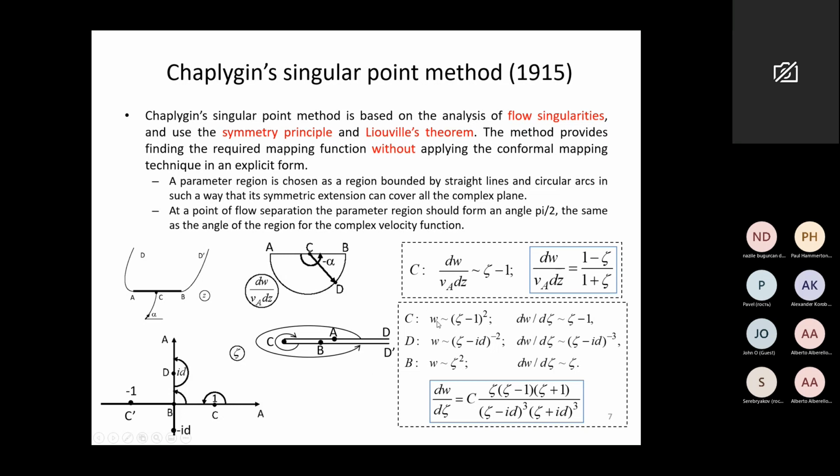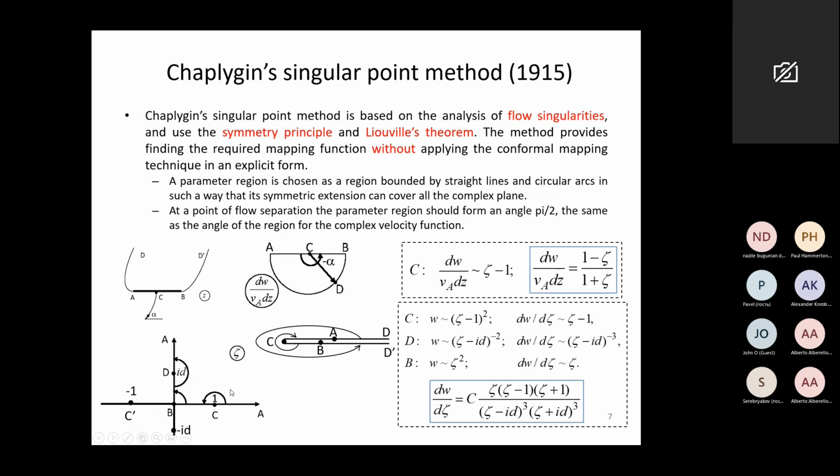We need to also determine the complex potential, or the derivative of the complex potential. For this purpose, we analyze the complex function. Actually, for convenience, we draw this function.